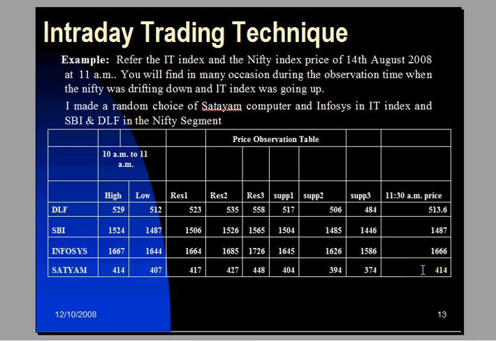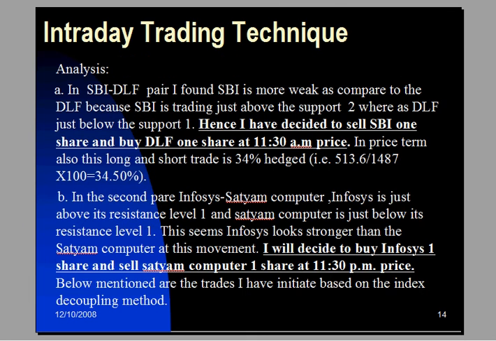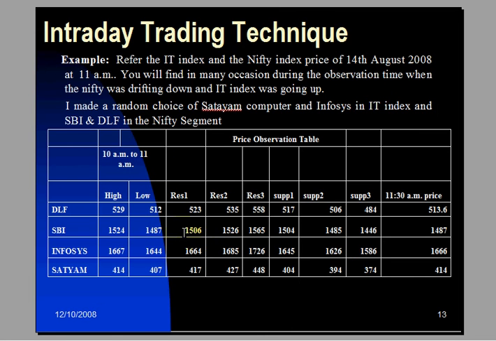So here my calculation ends and I have to take the trade decision. Before that, let me analyze the trade. In the SBI and DLF pair, I found SBI is weaker compared to DLF. Why? At 11:30, SBI was trading at 1487, which was its low, and just 2 rupees above its second support point.